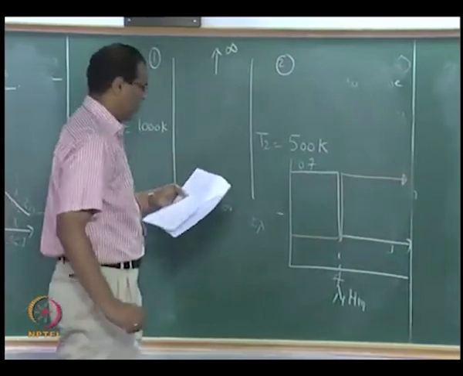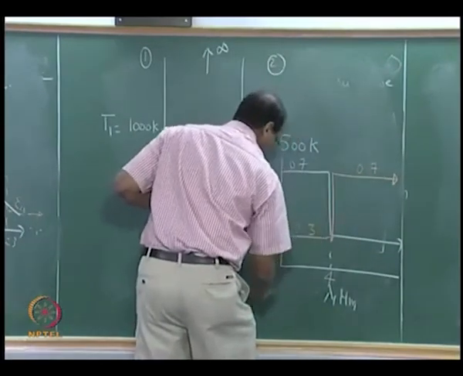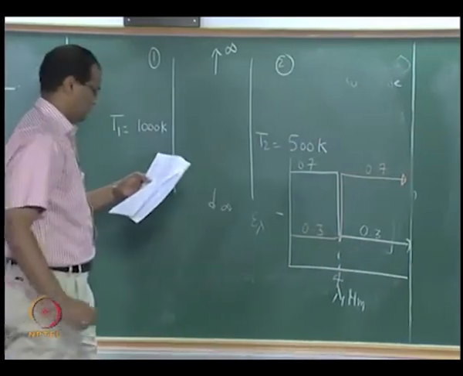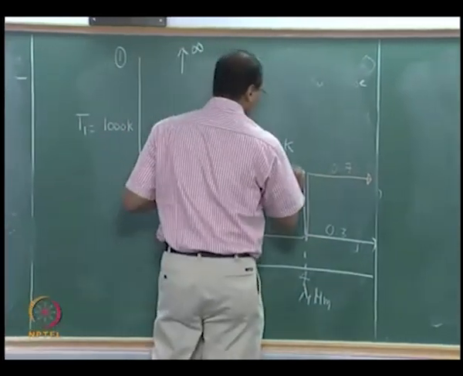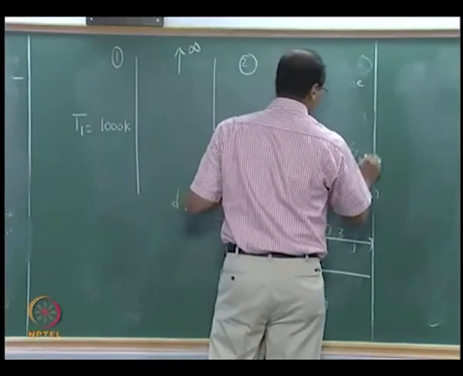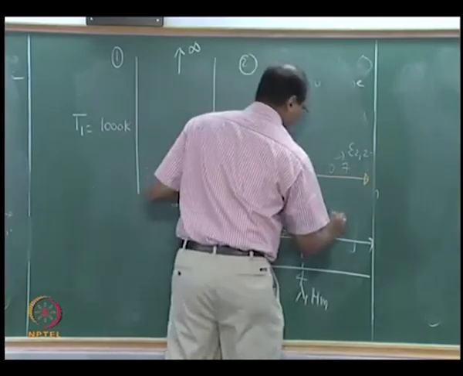Okay, 0.7, 0.7, 0.3, 0.3. So this is epsilon 1 1, this is epsilon 2 2, this is epsilon 2 1, this is epsilon 1 2.